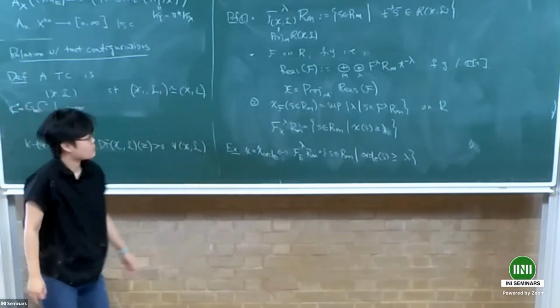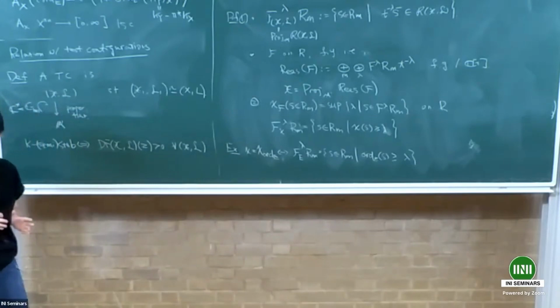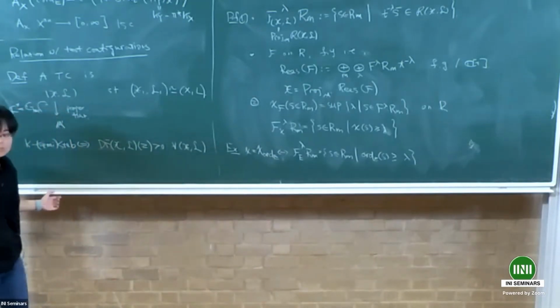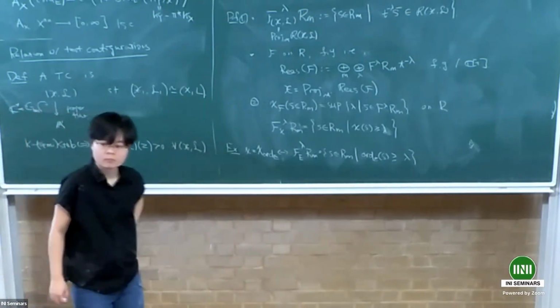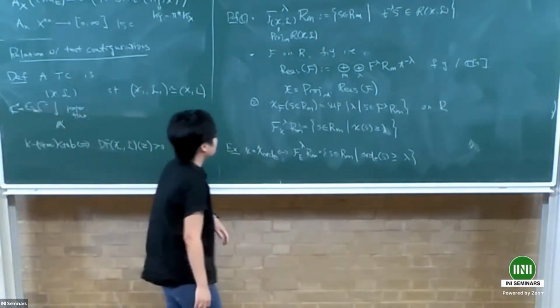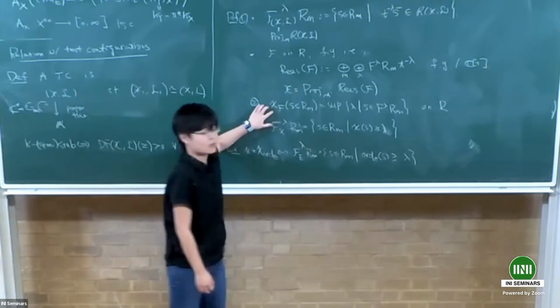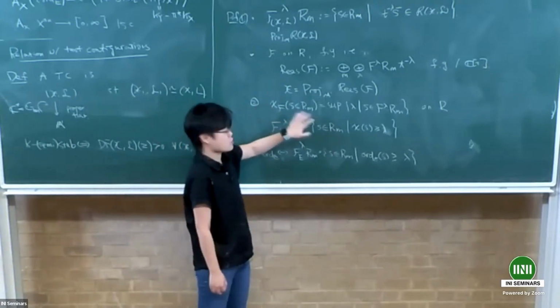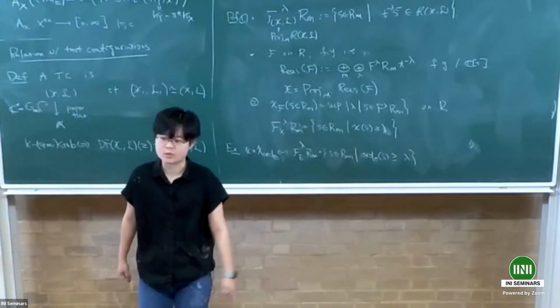Everything is really on the sections. Or it satisfies the non-Archimedean triangle inequality, so when you add two sections, it's greater than or equal to the minimum of the two.